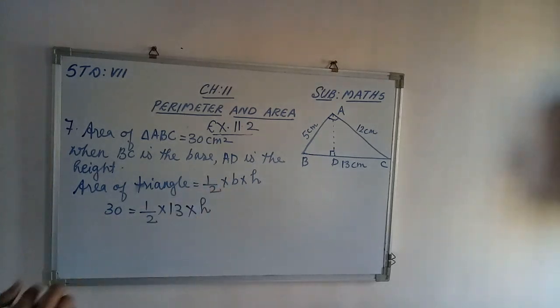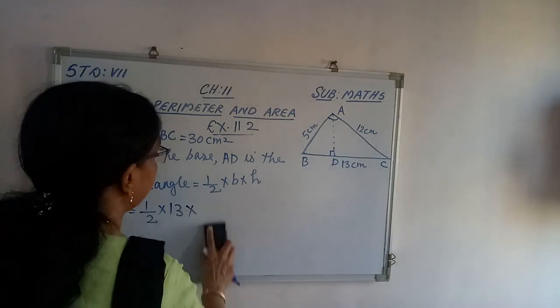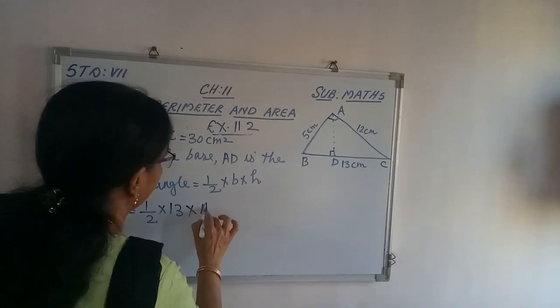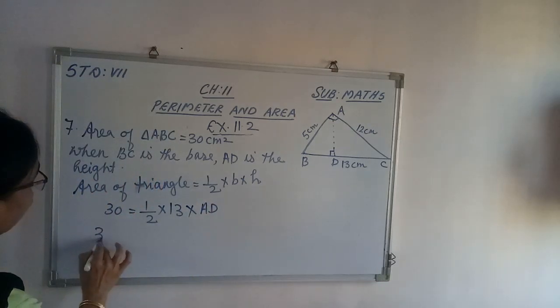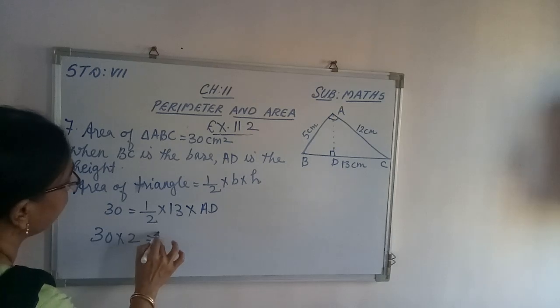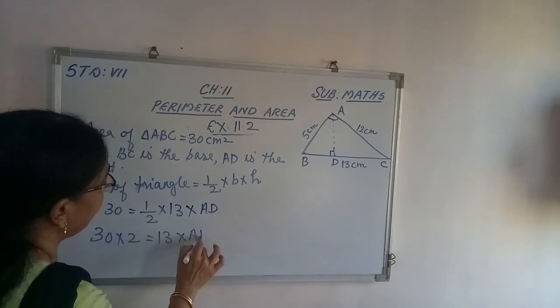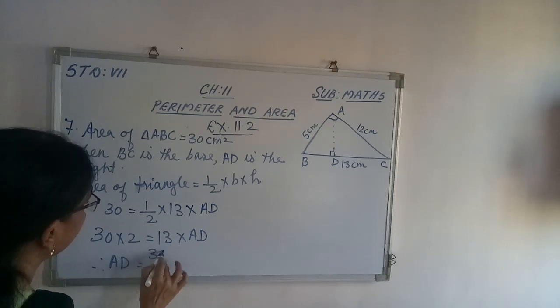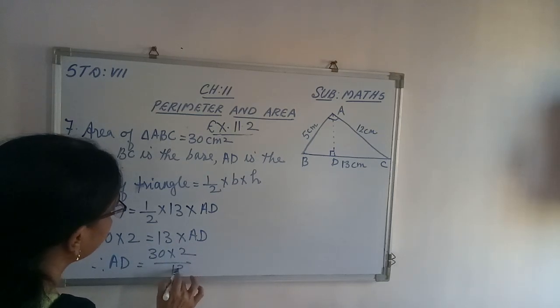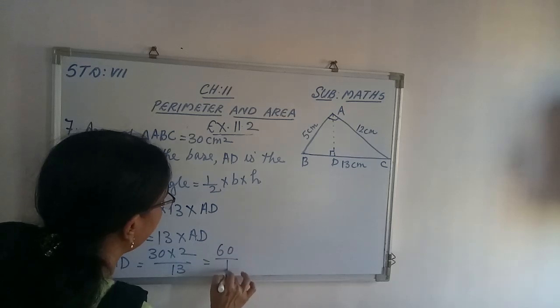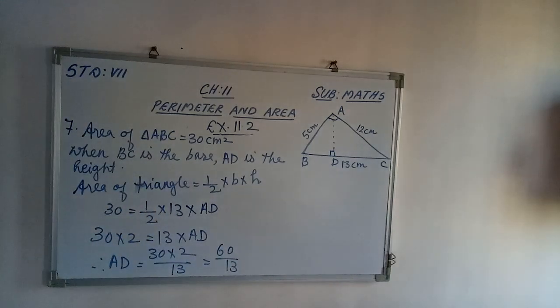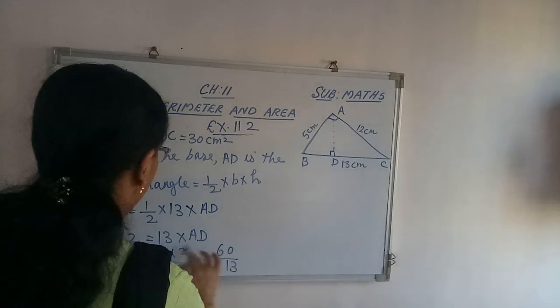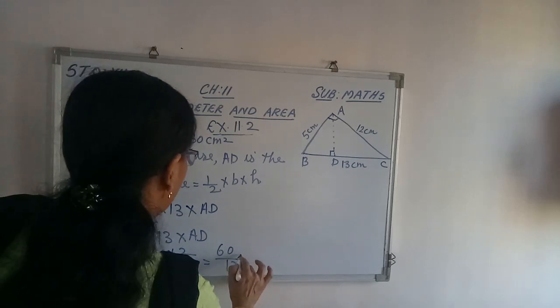So in place of h we can write AD. Then cross multiplying, 30 into 2 is equal to 13 into AD. Therefore AD is equal to 30 multiplied by 2 divided by 13, that is 60 divided by 13. Divide 60 by 13, you will get the answer in decimal. If you want, you can write it in fraction also.